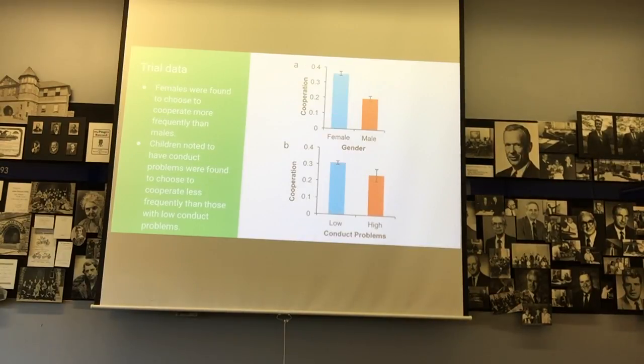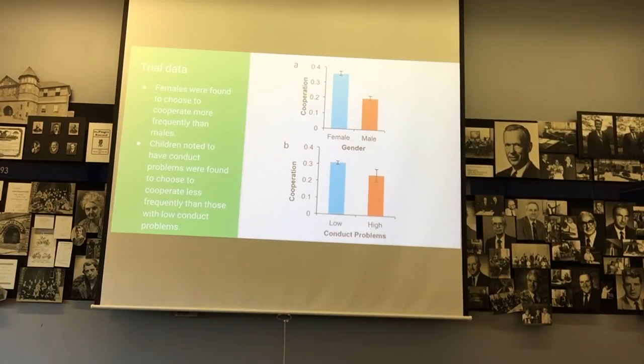Another interesting thing they did in this study was, because they were little kids, they obviously had to get parents' approval, so they sent them a questionnaire. On that questionnaire, they were able to identify whether or not kids had conduct problems. The way they quantified this was they had a bunch of different questions, social things, stuff at home, and they were able to figure out whether or not kids would fall into the category of having a conduct problem.